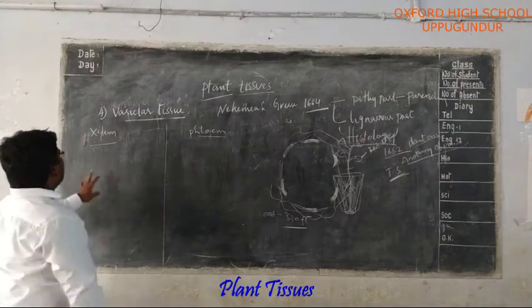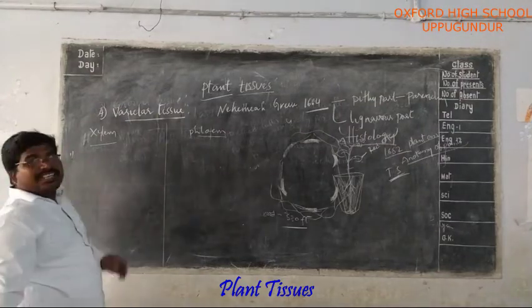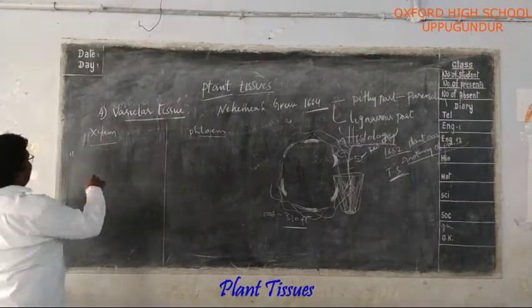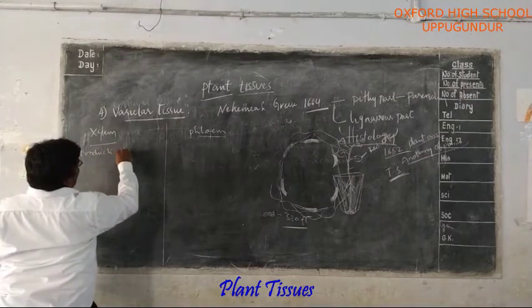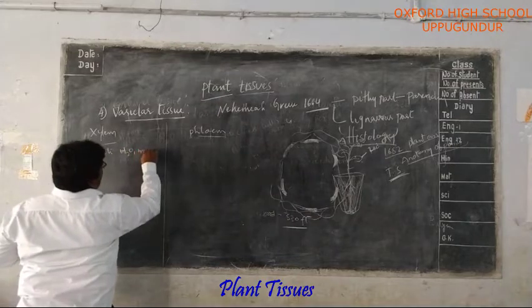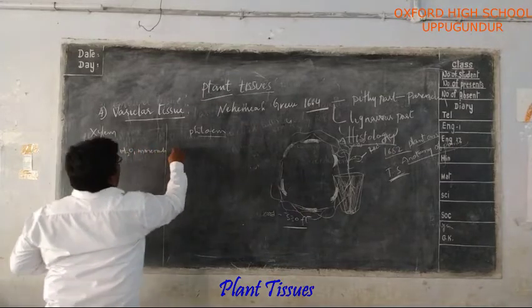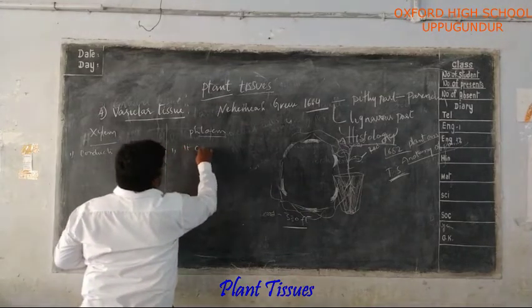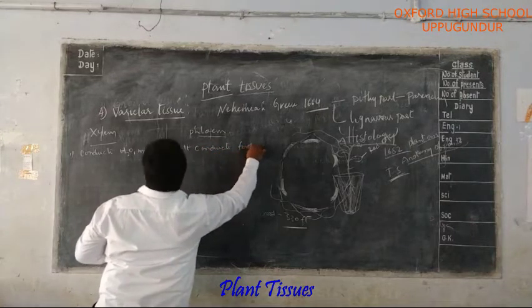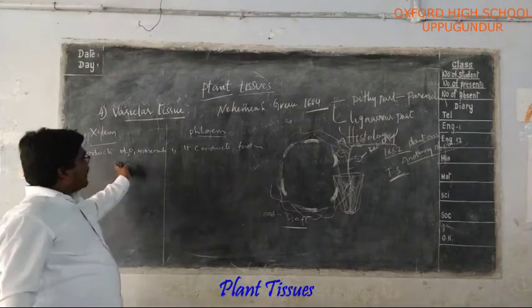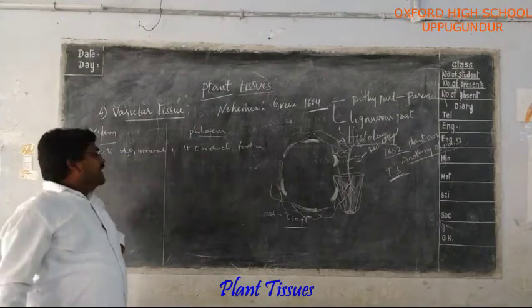Xylem and phloem are both present in the vascular tissue. Xylem conducts water and minerals. Phloem conducts food materials.